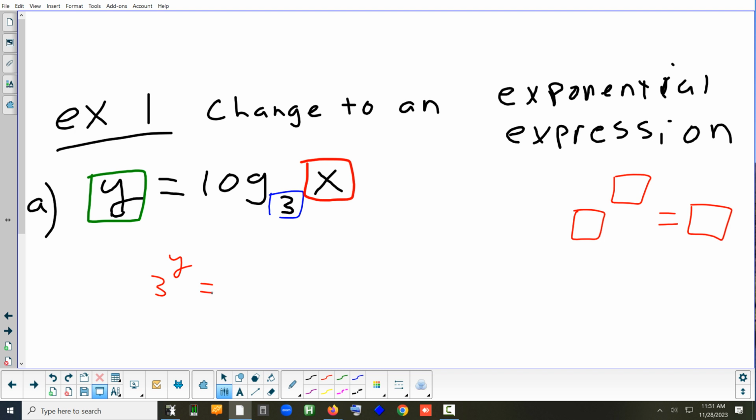So y becomes my exponent. And what ends up by itself? The x, the argument. And that's it. Now you can't solve that because you don't know what y is, but if you knew y was 2, then you could do 3 to the second power and get 9. Okay, but that's all you can do. Any question on that?